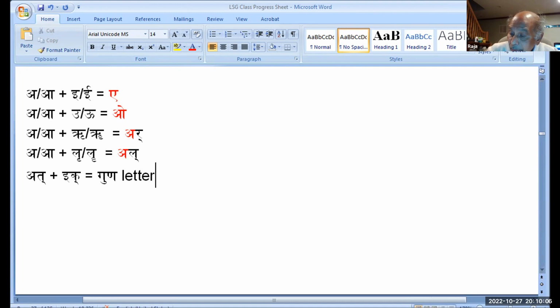But I know even today, Kannada, Malayalam, and Telugu, Marathi follow the Sanskrit grammar. Maybe there are slight modifications here and there. And because the result is a guna, we call this a guna sandhi.